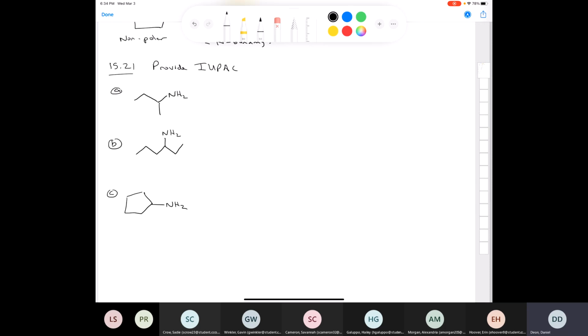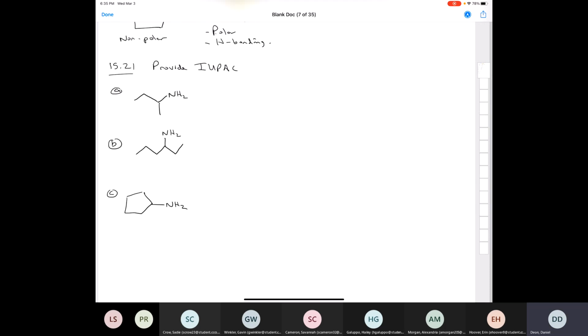I'll give you a second to take a look at the first one and see if you can come up with a name. Does anybody have a name for the first one, or the second one, or even the third one? Well, let's go over the first one together.